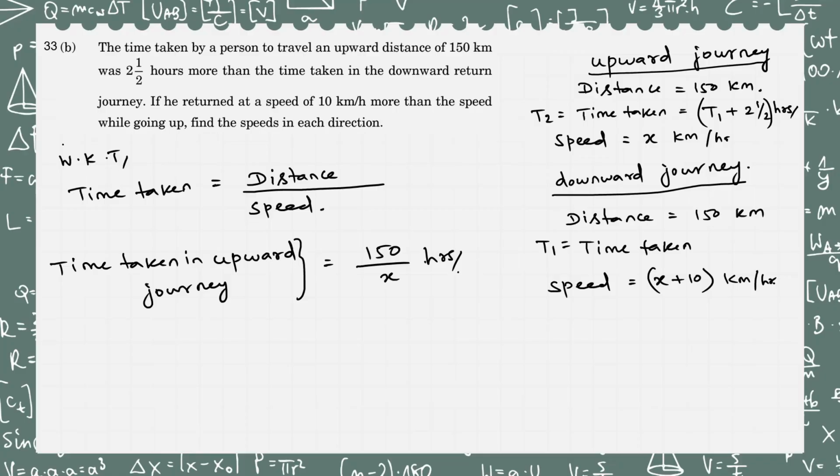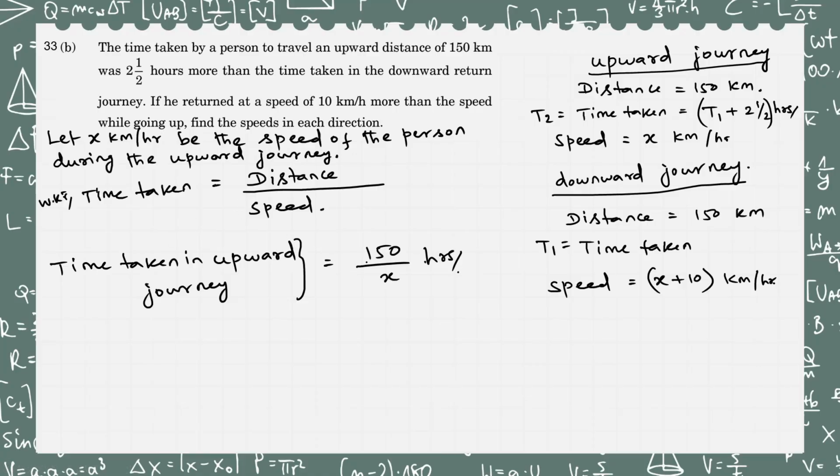But we have to mention all the values what we are going to take here. So let x kilometers per hour be the speed of the person during the upward journey.